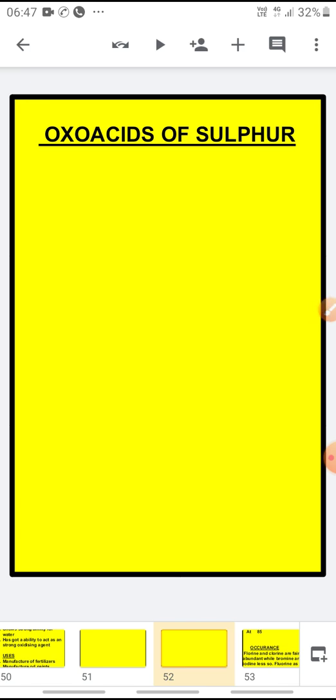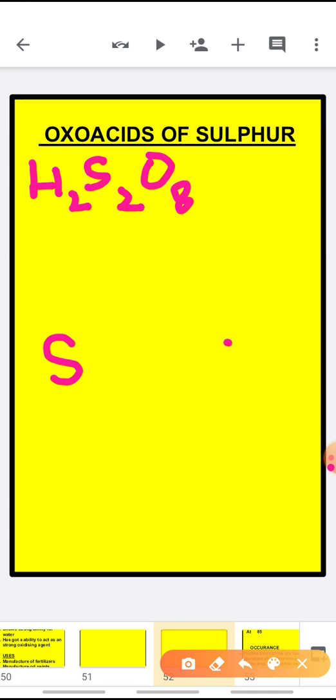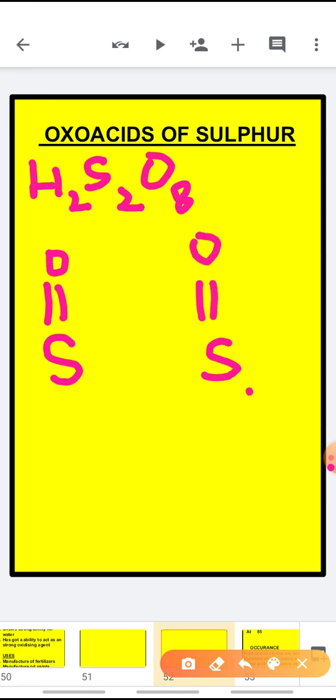Now next is H2S2O8. Now in this H2S2O8, one sulfur, second sulfur. A double bond O is necessary for both, and a single bond OH is also compulsory.